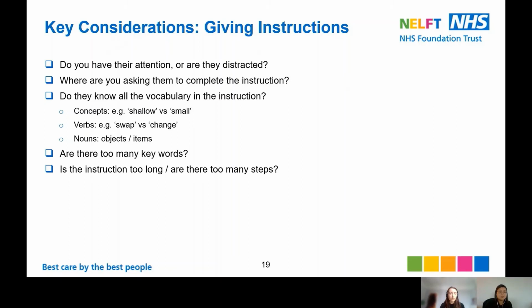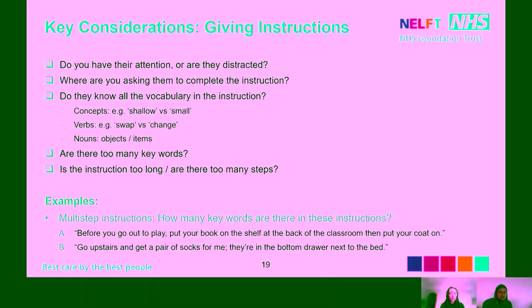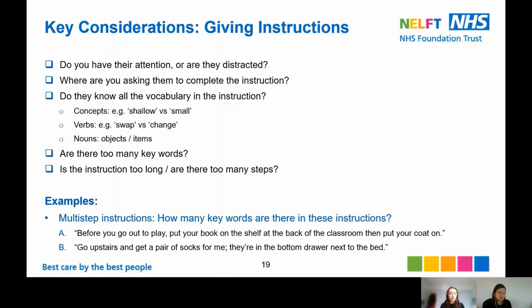You can also consider the number of keywords in your instructions and also whether the instruction is too long. For example, some of these multi-step instructions can be said really easily in different situations, but let's have a look at how many keywords there are in those instructions. For example, before you go out to play, put your book on the shelf at the back of the classroom, then put your coat on.